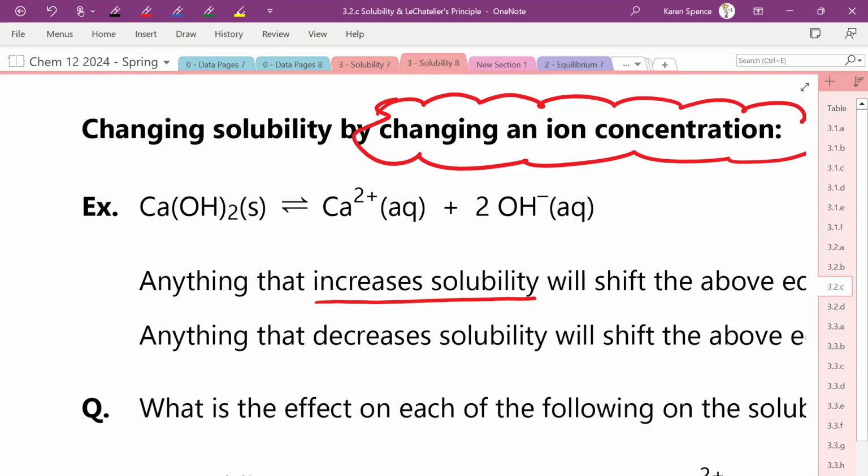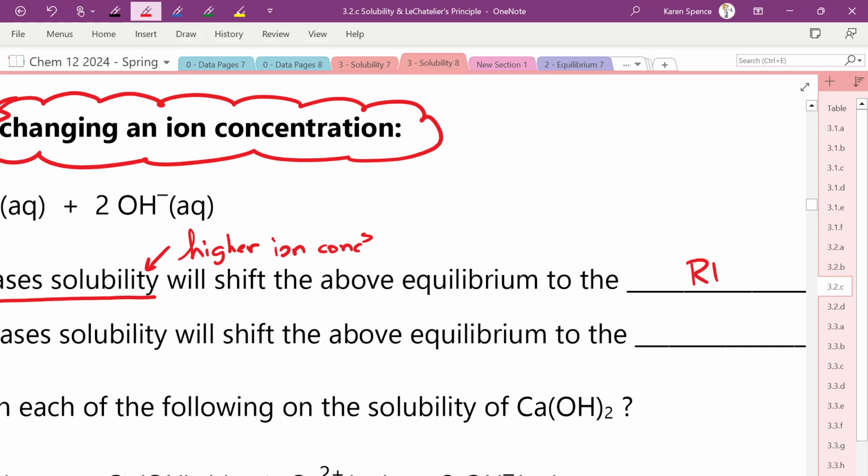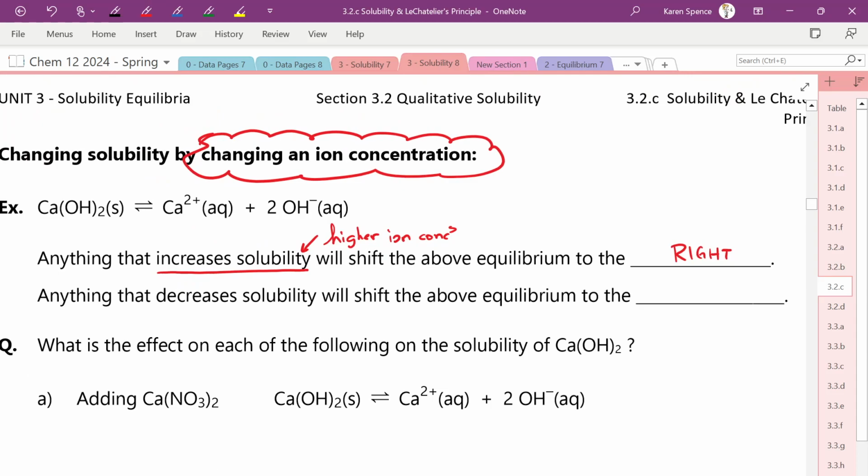Okay, I'm gonna lock my arrows left. If the solubility is increasing, are you going to have higher ion concentrations or lower ion concentrations? Higher. And if we have higher ion concentrations, which way did we shift? No, right. I was thinking about the stress or whatever it was. It's all good. Yeah, you were thinking of the stress.